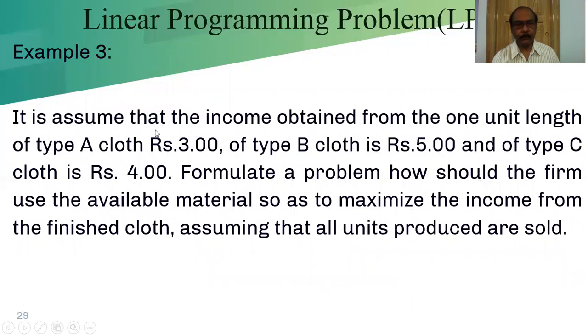Because this problem is related to income, and income means profit, this problem should maximize the income from the finished clothes, assuming that all units produced are sold. Whatever the production done, all material should be sold. Here assumptions are there to solve the problem.